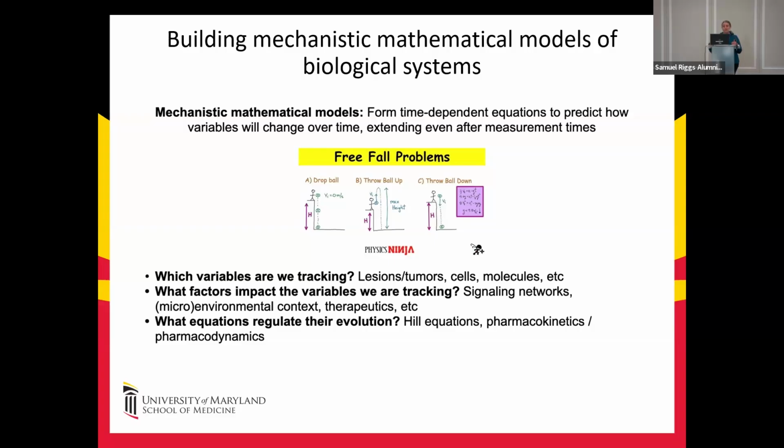And so we start thinking, as we're using these data sets, can we figure out what variables we are tracking, what's most critical to the system, what factors, what cell-cell interactions, or what intracellular mechanisms within the cell are regulating that. And then we need to know what are the equations that regulate their evolution.